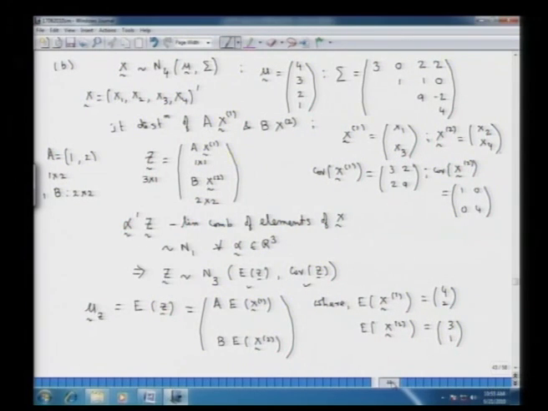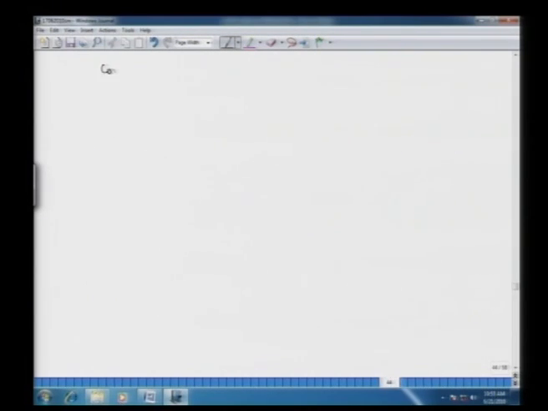Now the last thing that we need to compute is the covariance matrix of this z vector. So what is that? If we look at this covariance matrix of z, it is the covariance matrix of these blocks Ax1 and Bx2.